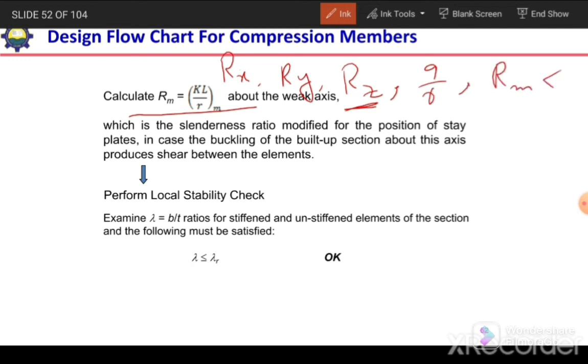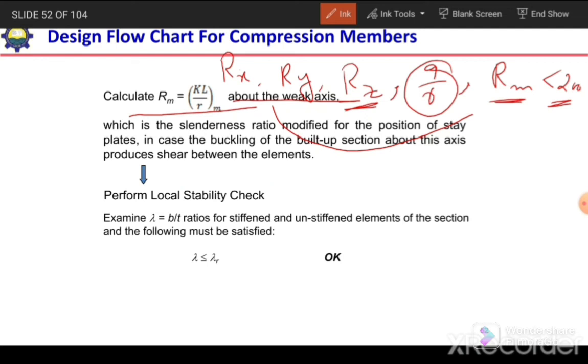All these should be less than 200. Definitely the a over r should be less than these three values, maximum up to 75% of the highest value of these three. Similarly, the modified slenderness ratio or the highest slenderness ratio out of these three should be less than 200. If this is satisfied, it means the global instability check of the section is satisfied. The member will not buckle globally.